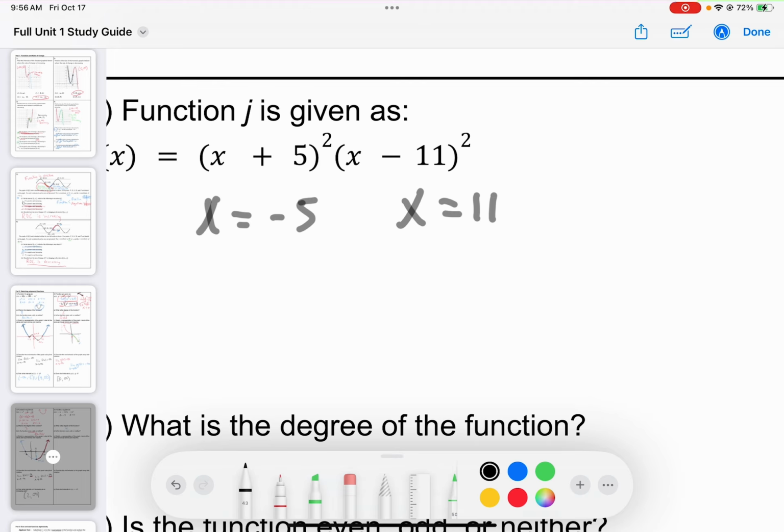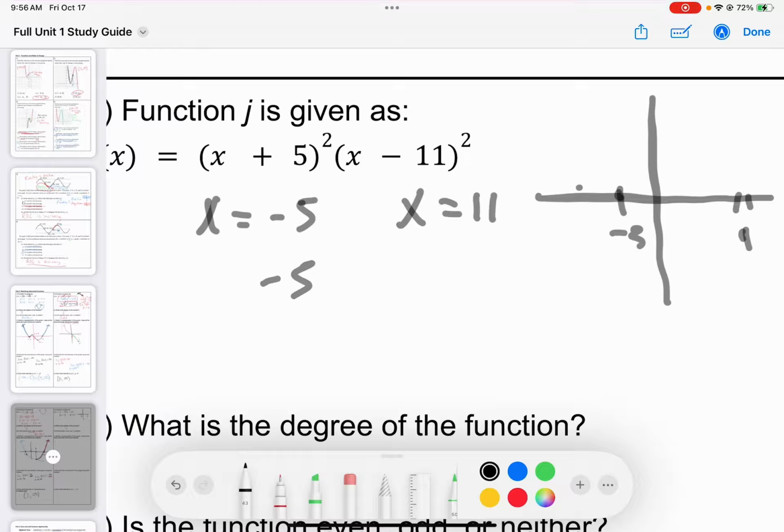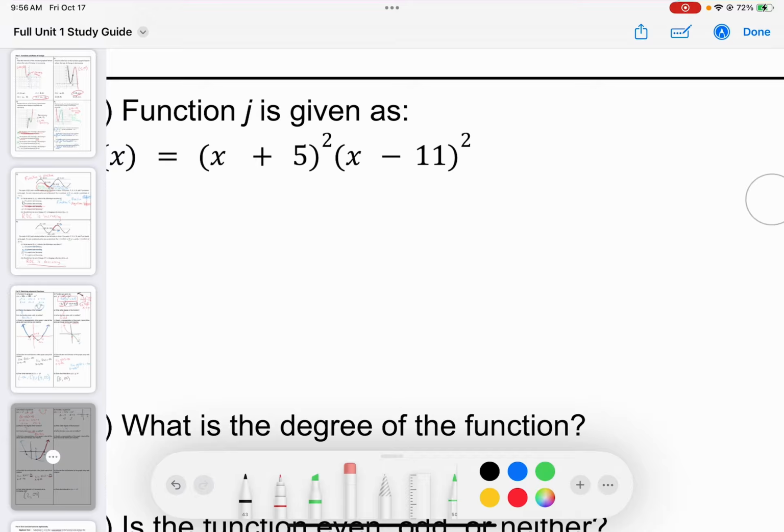If I'm at -5 and positive 11, it cannot possibly be the same on both sides. The zeros would have to be inverses of each other. So if this was -5 and 5, yeah, it could be even. But these zeros are different, so this is going to be neither.